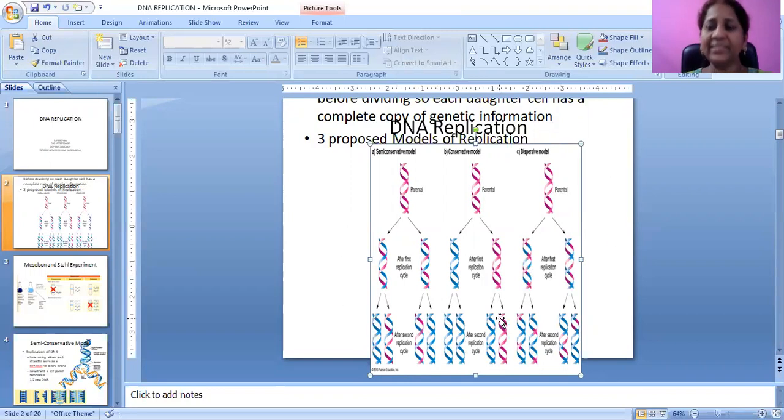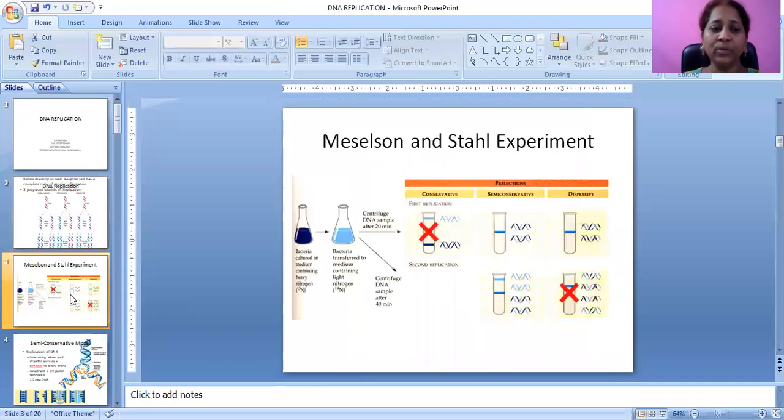Of all the three methods of DNA replication, semi-conservative is the most accepted one because it was proven by the Meselson and Stahl experiment. These two scientists proved this through an experiment. First, they took E. coli bacteria and grew them on N15.